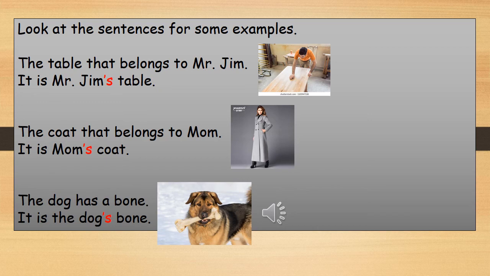Jim's table, Mom's coat, dog's bone. These are quite easy sentences, and if you ever see an apostrophe like this, this is usually what we're talking about, especially if you see there's a thing after it. All right, if you still need some help, make sure to rewatch these slides.